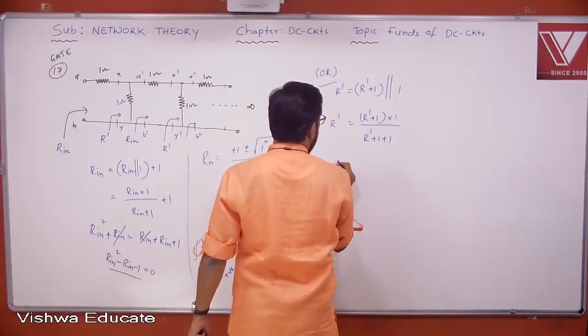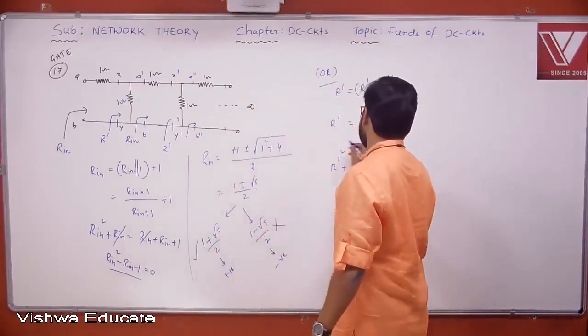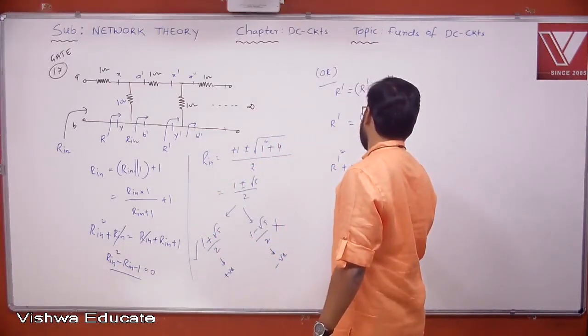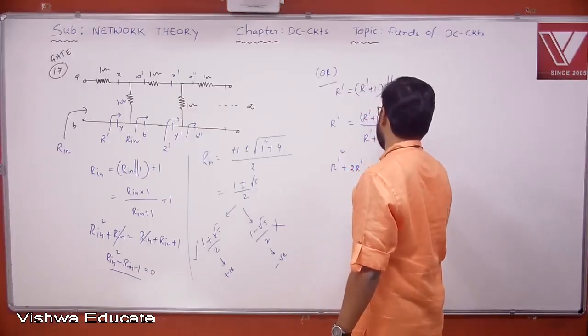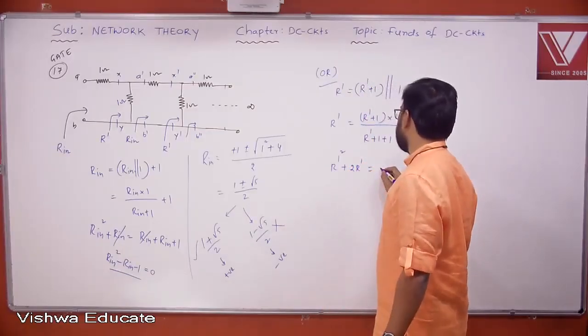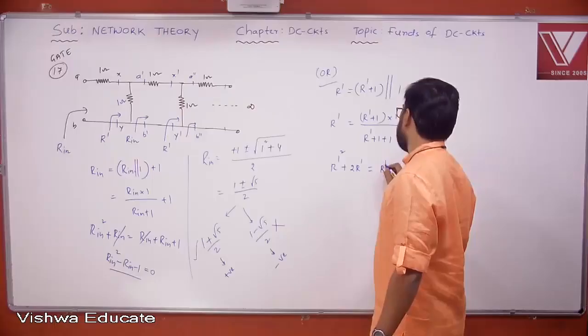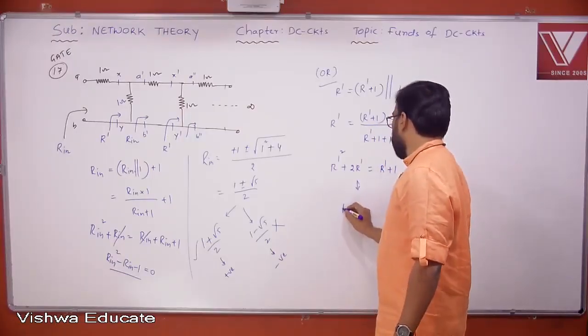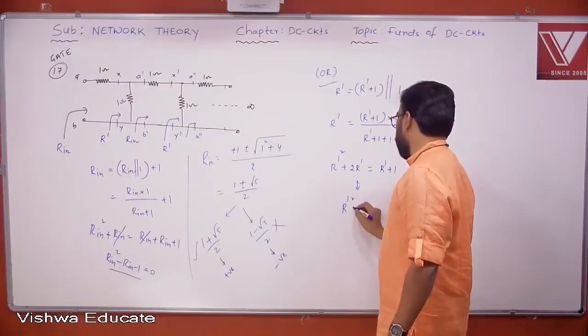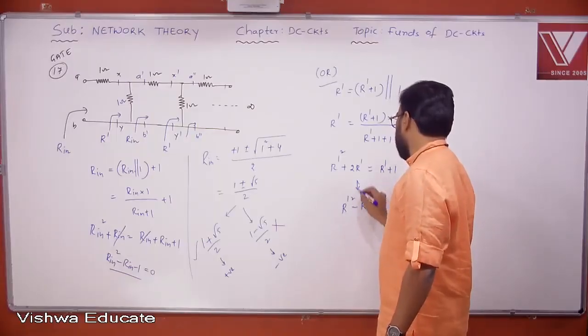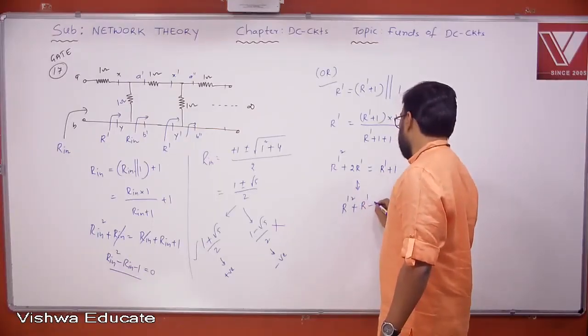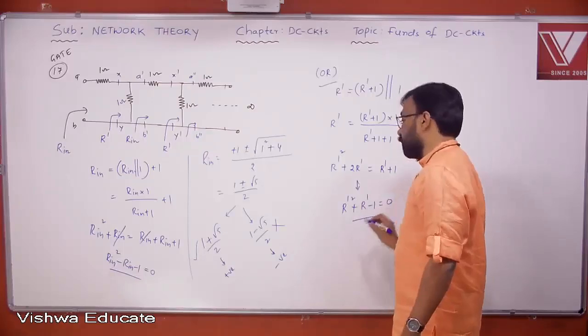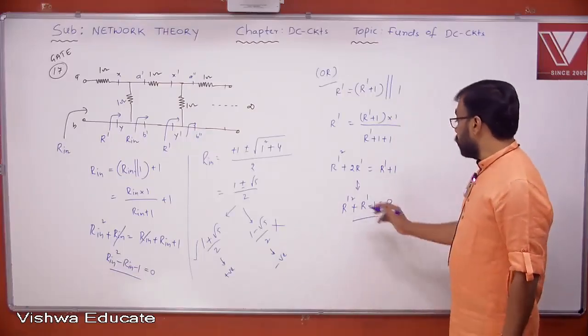Then you have R dash square plus 2R dash is equal to R dash plus 1. Now what do you get here? R dash square plus R dash minus 1 is equal to 0.